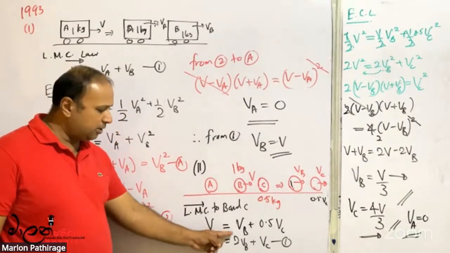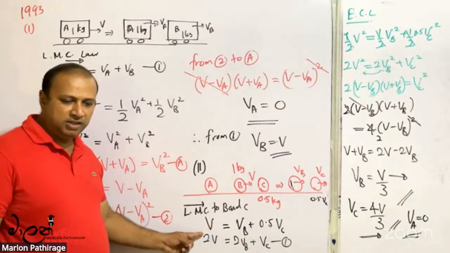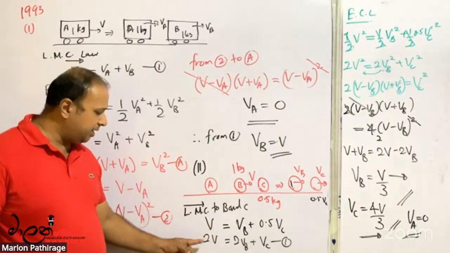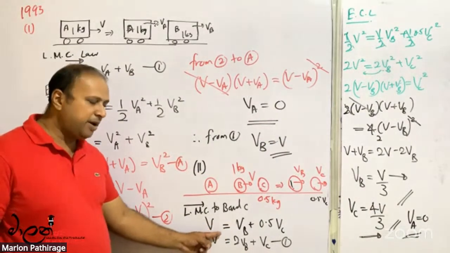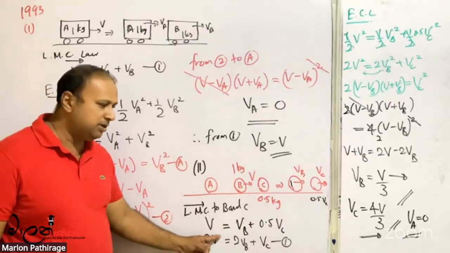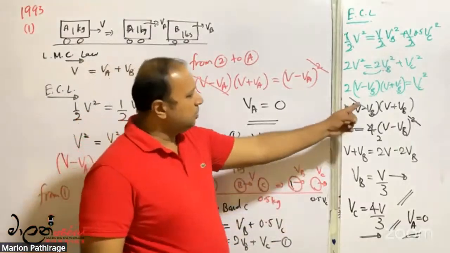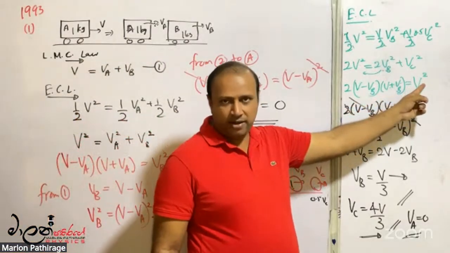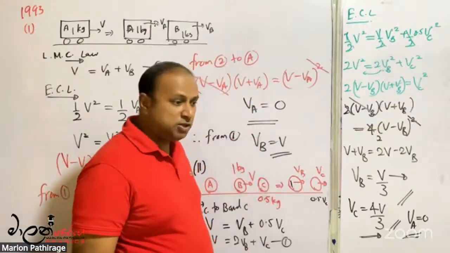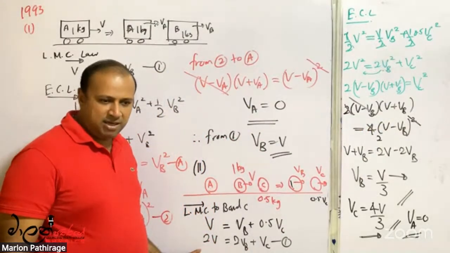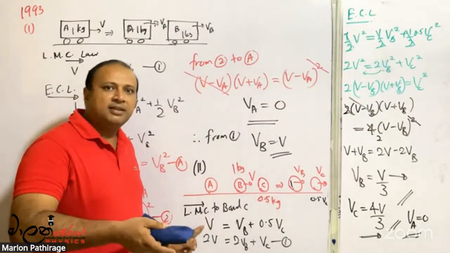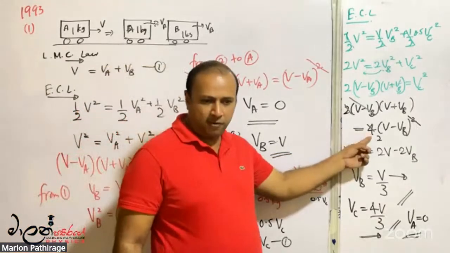If you take 2vb to this side, 2 times v minus vb is equal to vc. Okay. So you have to apply vc squared here. Therefore, vc squared means 2 times, when you take the square, 2 will become 4.